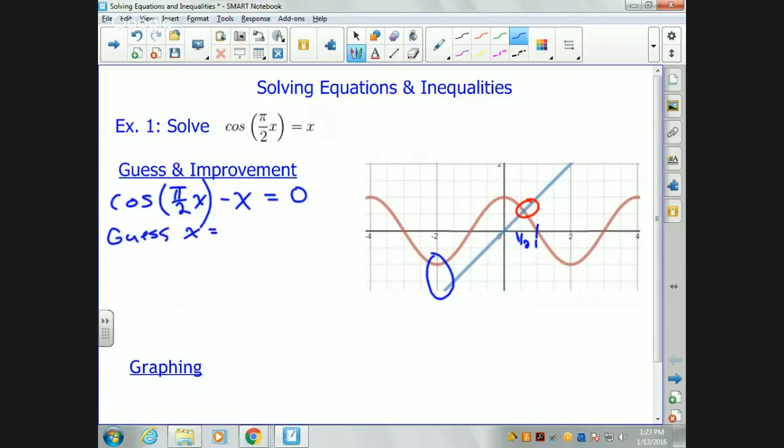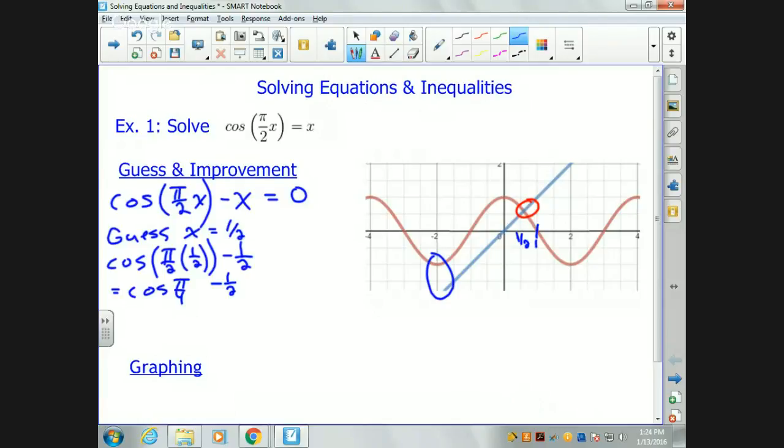Is x equals 1/2. So let's substitute 1/2 in for x and see how close that guess is. Pi over 2 times 1/2 is just pi over 4. Pi over 4 is the same as 1 over root 2.